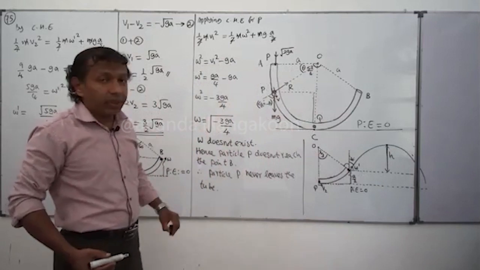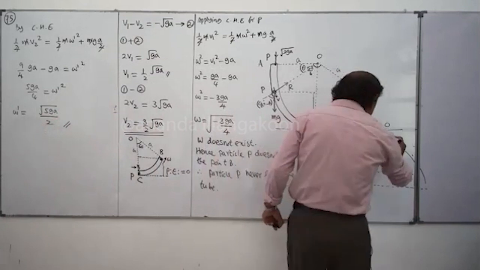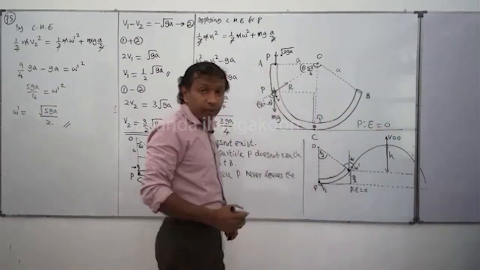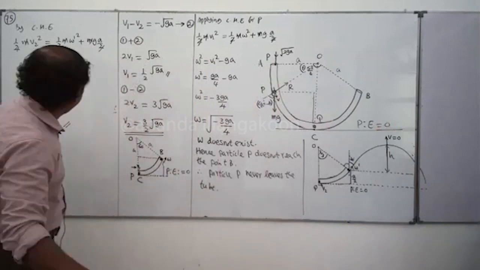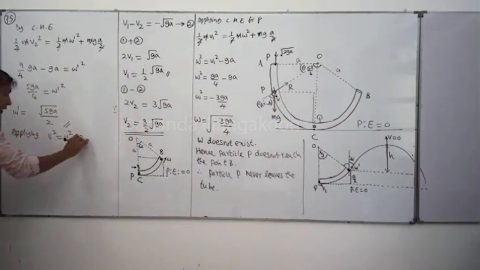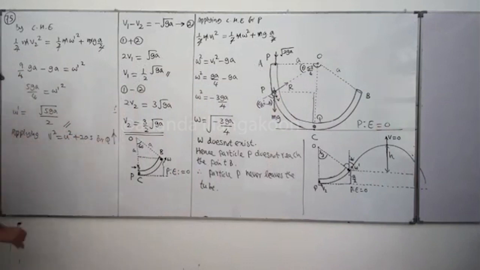Thereby you can find that height h, because at the highest point the velocity is 0. Then you can write, applying v squared equals u squared plus 2as for Q in the upward direction.